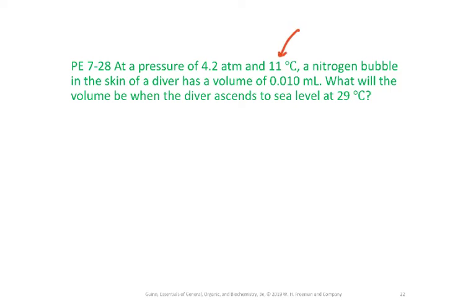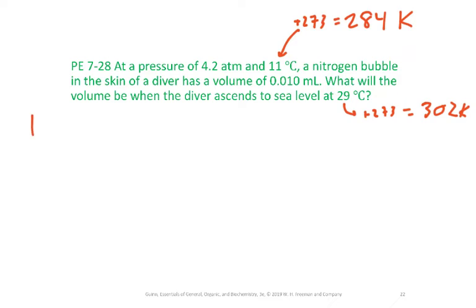I'm just going to say right now that that's, if we add 273 to that, 284 Kelvin. A nitrogen bubble in the skin of a diver has a volume of 0.01 milliliters. What will the volume be when the diver ascends to sea level at 29 degrees Celsius? Okay, so we're going to add 273 to that, and we would get 302.